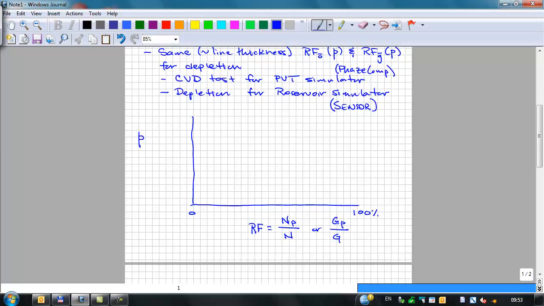Then we're going to have pressure, the initial reservoir pressure, and a dew point pressure. I'll just make a line like that. And then the gas recovery factor will look something like this. That's gas.